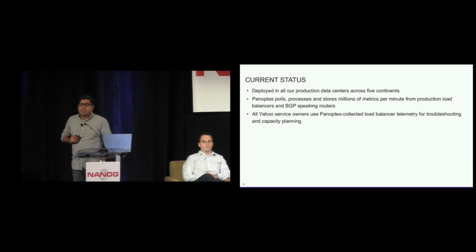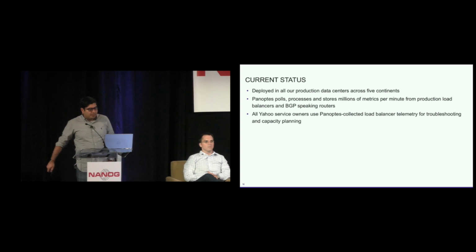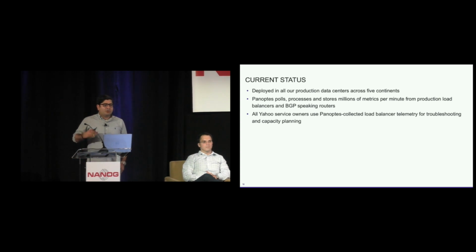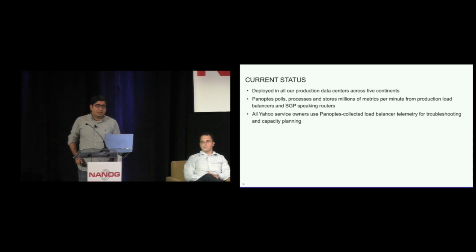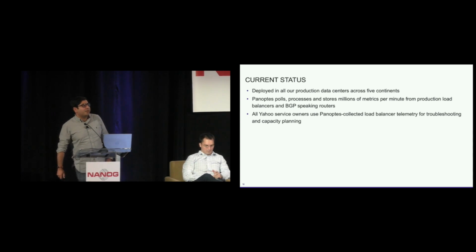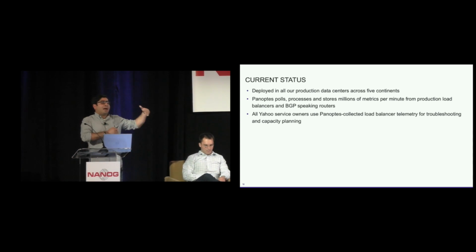A recent win for the data that we've produced through this platform is that our load balancer operations team was able to use this data to ask how many VIPs have been configured but are not actually being utilized. And the answer was surprisingly a lot. So we were actually able to cut down about 25% of our load balancer resource utilization by analyzing the data that this platform had produced.